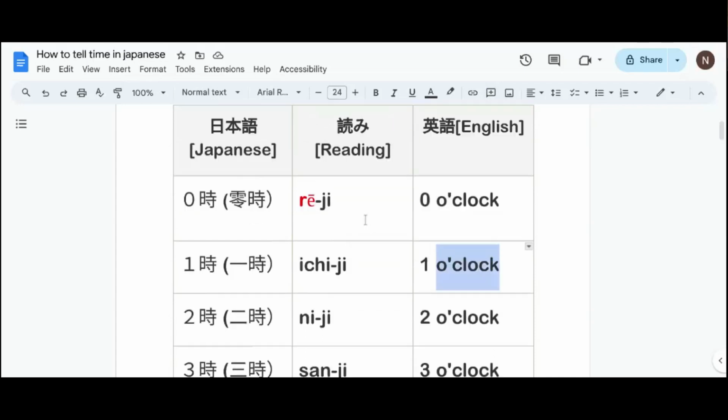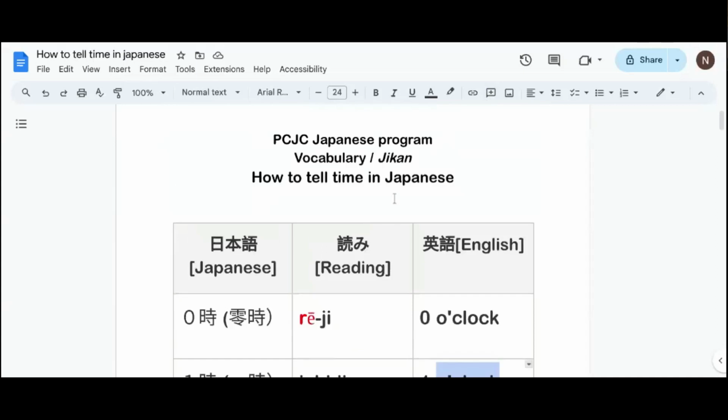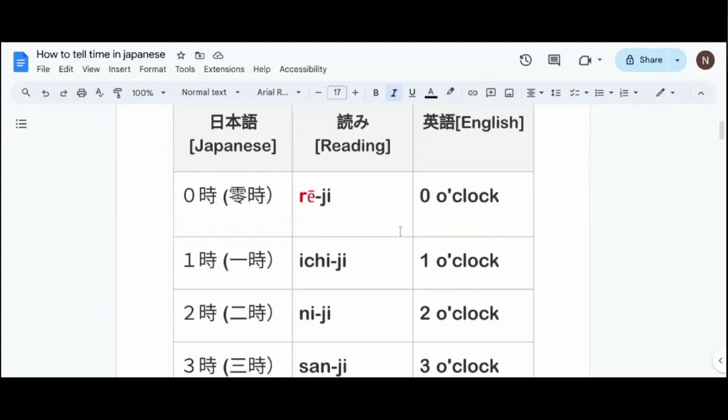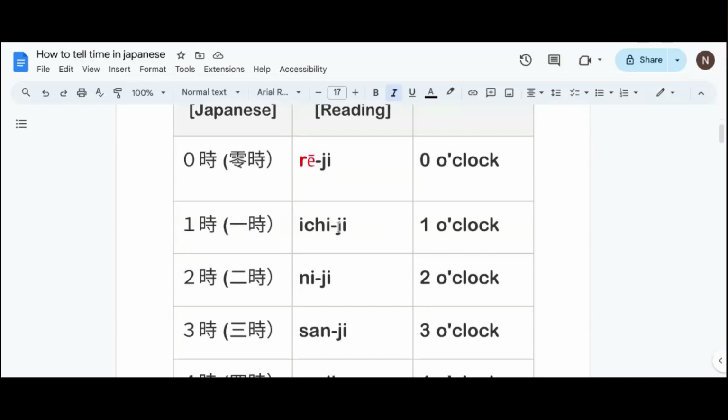Okay? So when you tell the time, by the way, the word for time in Japanese is jikan. Jikan. Okay? So when you tell time in Japanese, you just add the word or syllable ji.